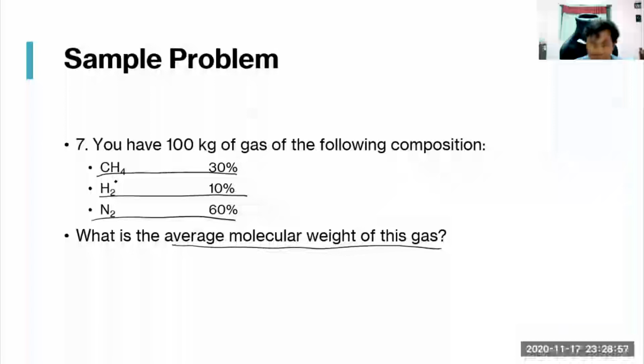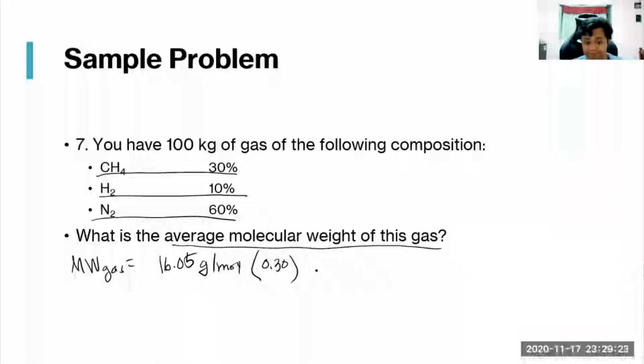The molecular weight of our methane is 16.05 grams per mole, and then we will multiply that by its molar fraction. Then the hydrogen is 2.02 grams per mole, times 0.10, its molar fraction.